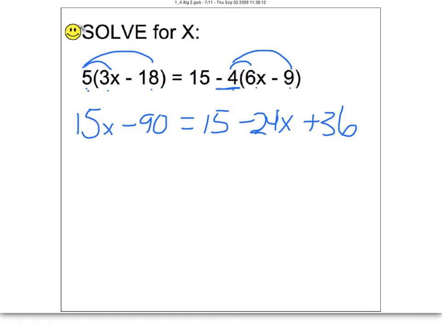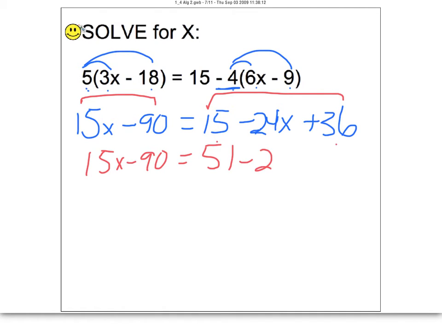Now let's combine any like terms we can. Over here there's no like terms, but on the right hand side there is. Let's bring the 15 and 36 together. So 15x minus 90 equals 15 plus 36 is going to be 51 minus 24x. Now bring the x's on one side.